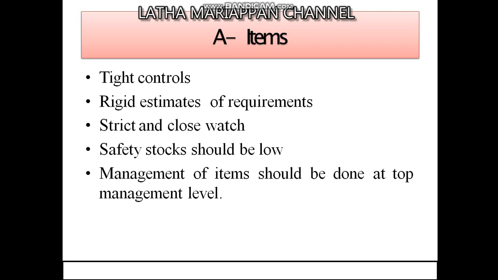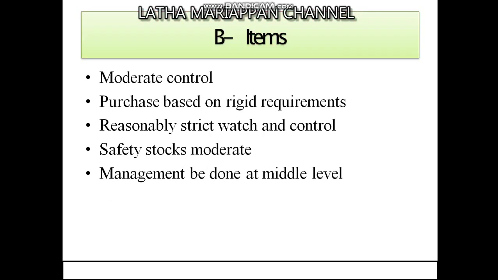For A items: tight control, rigid estimate of requirement, strict and close watch, safety stock should be low, and management of items should be done at top management level. B items: moderate control, purchase based on rigid requirement, reasonably strict watch and control, safety stock moderate, and management done at middle level.